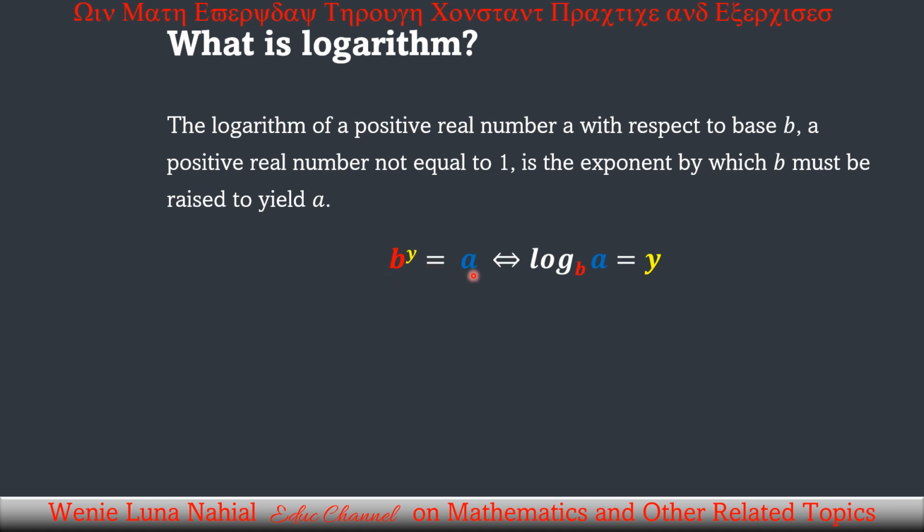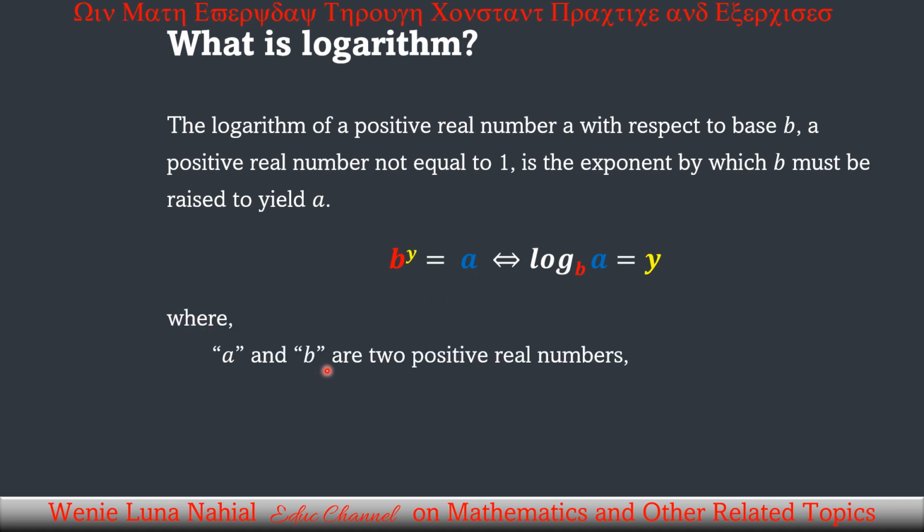So in this exponential form, our b is the base, y is the exponent, and a is the number. In logarithmic form, you can write that one as the logarithm of the number a to base b equals y, which is actually the exponent in the exponential form.